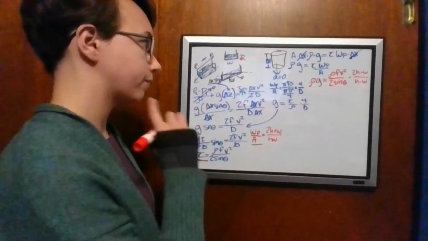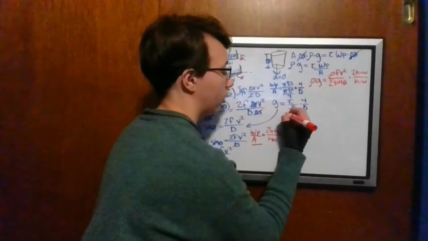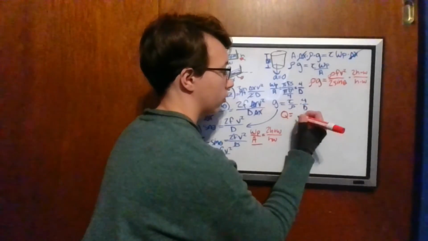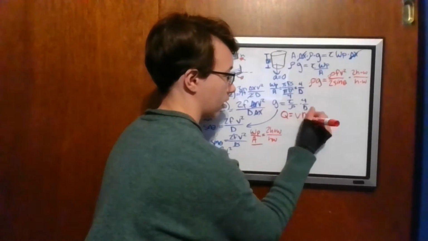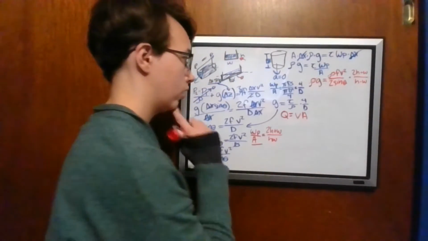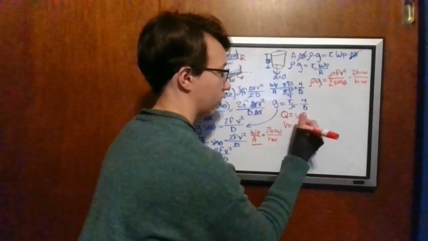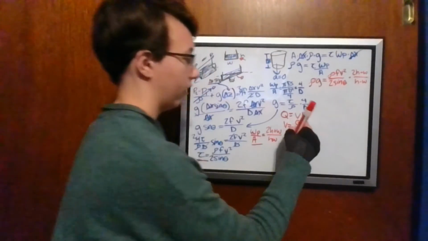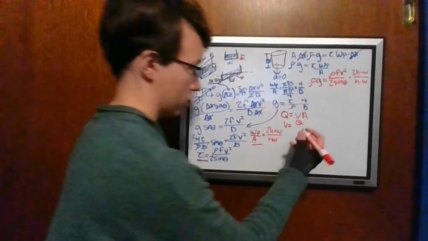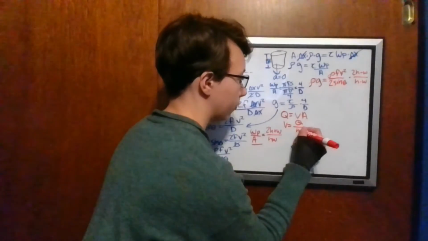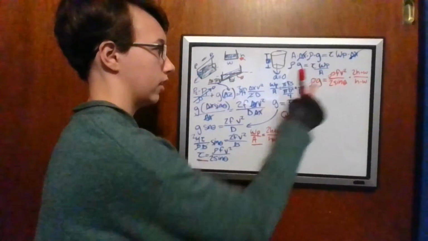So we know that flow rate is equal to velocity times area, which means that our velocity is equal to flow rate divided by area, and as we just discussed, area is HW, so we can put HW there. And then we're going to plug this into here.